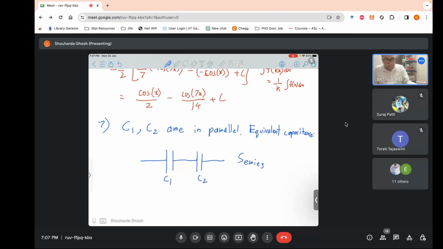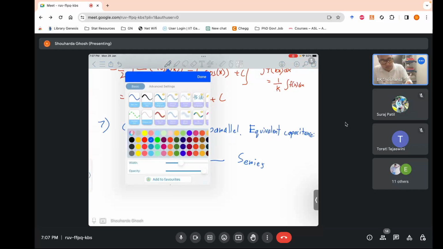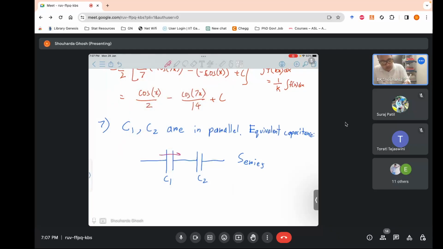Fine. So in series, what happens? The current or the charge is common to both, I1 or Q1, I2 or Q2, because they are connected in the same line.